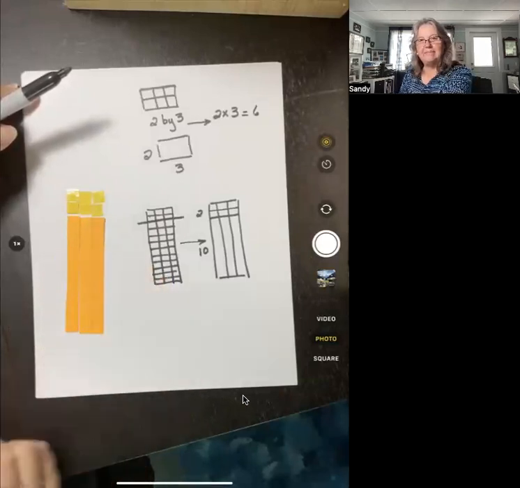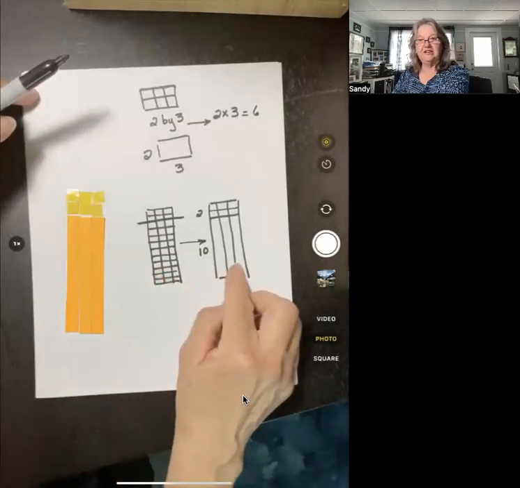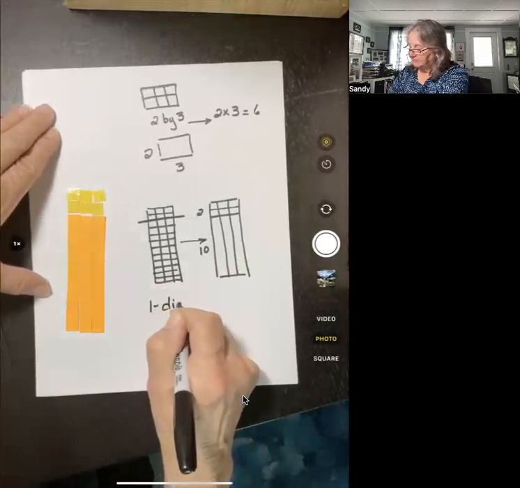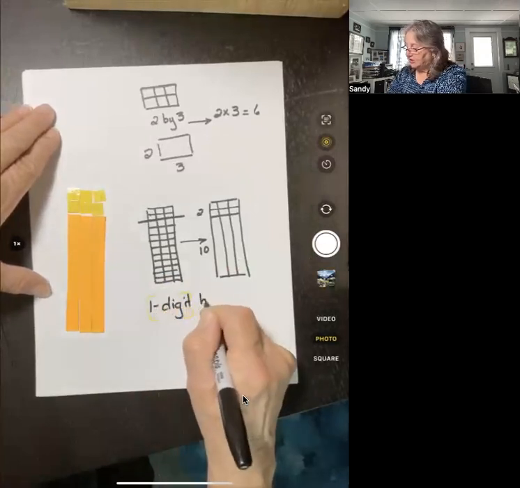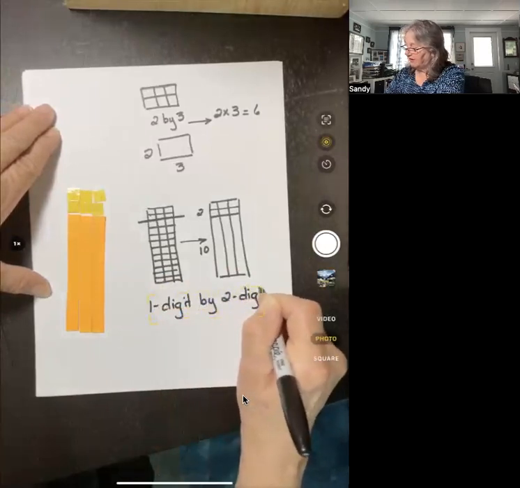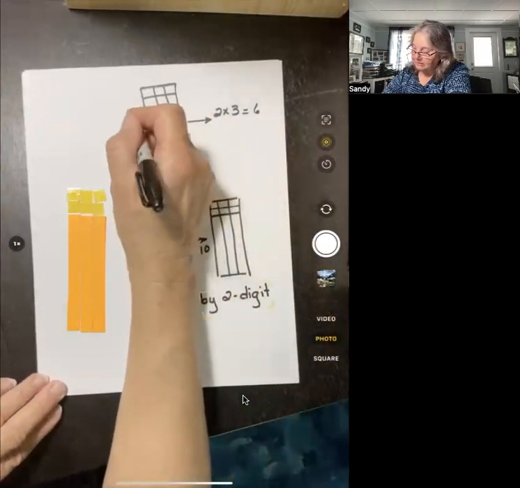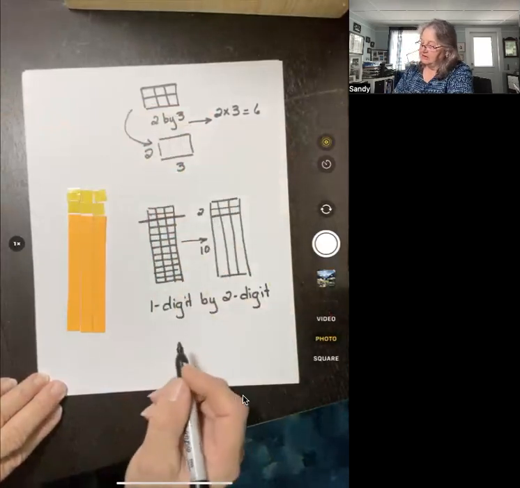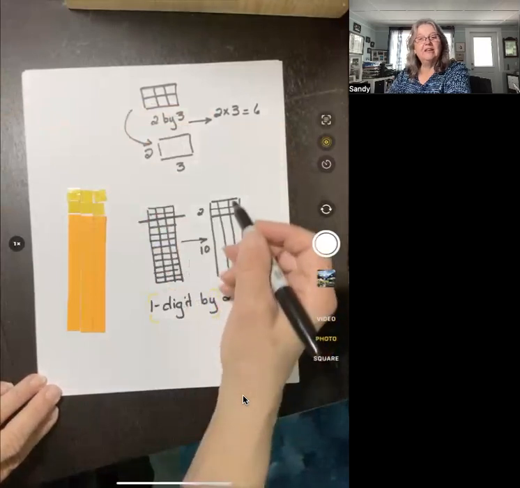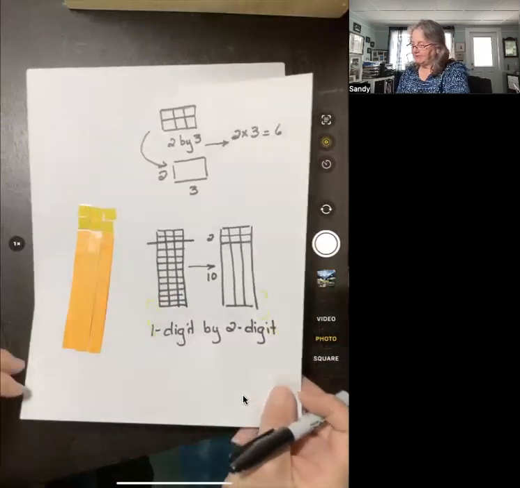Now do you see where that paper is helpful because it lets us go from seeing all the squares to here. So this is going to be 1 digit by 2 digit. And I can do this for all types of numbers, but do you see how we're moving from this more efficient to just the outline, from this going more efficient to using expanded form, the 2s and the 10s. And then we can progress it one step further.